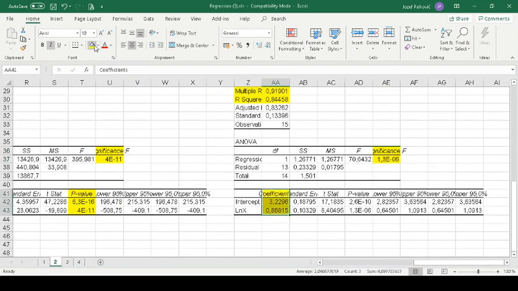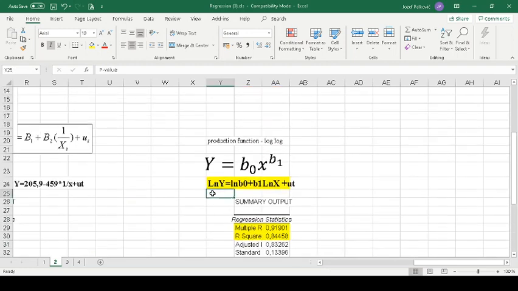Estimated coefficients and p-values: both p-values are smaller than 0.05, because there is e minus 10, e minus 6, which means 2.6 multiplied by 10 to the power of minus 10, which is a very small value. And the estimated function is in the form, or we can fill it directly in here.